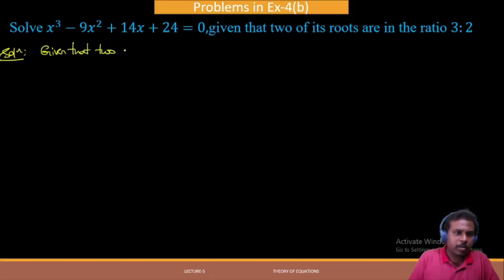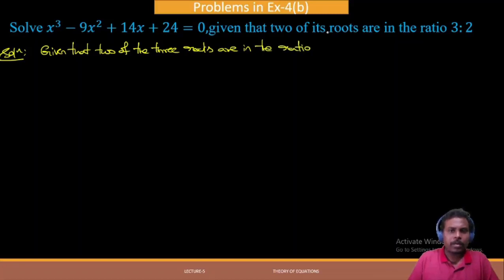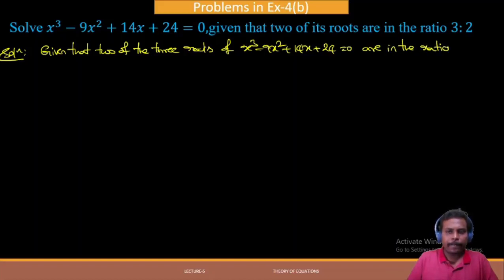Given that two of the three roots of the given equation x cube minus 9x square plus 14x plus 24 is equal to 0 are in the ratio 3 is to 2.